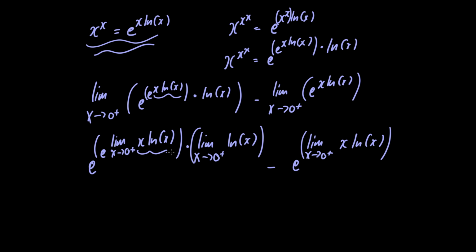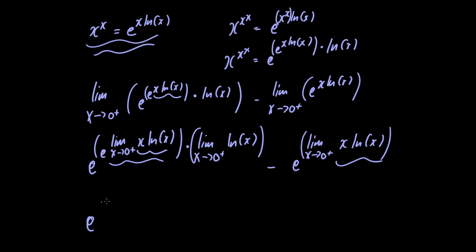Now we want to get this into a form where we can apply L'Hopital's rule. Notice that if we have a and b, we can rewrite this as b divided by 1 over a, because we would just multiply by a up here and a down here, those would cancel and we just have a times b. So let's go ahead and do that to this and this.